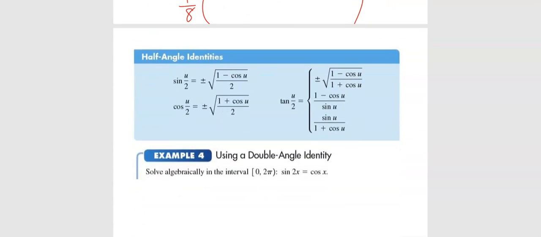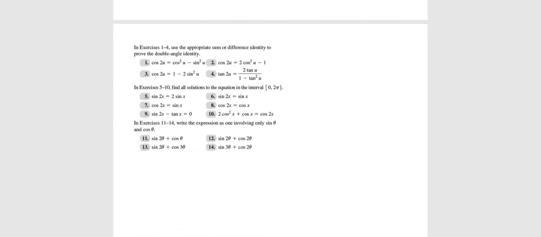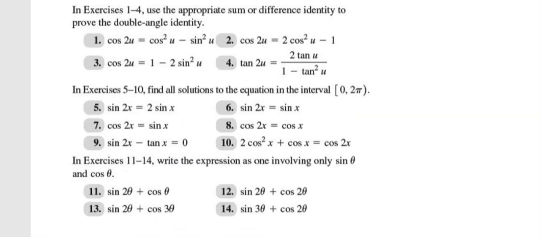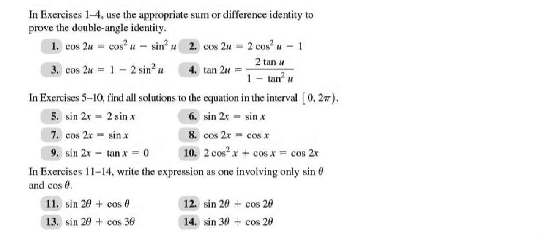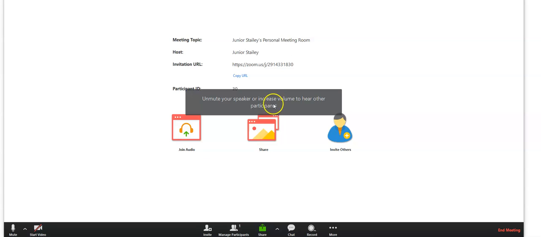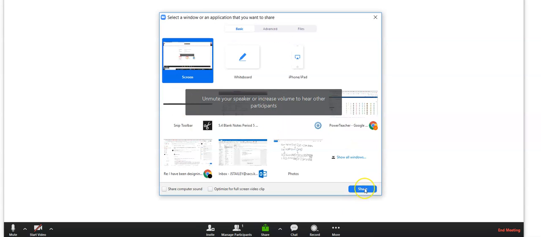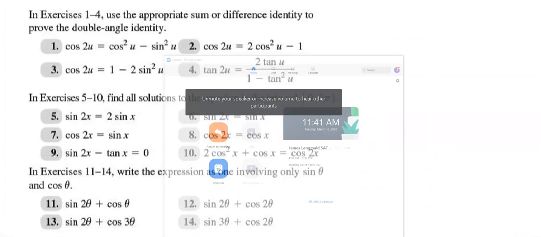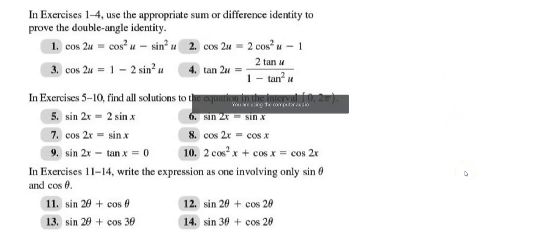Before we do half angles tomorrow, let's jump down to homework and start doing some questions together. Definitely the odd ones. I just want to be consistent.